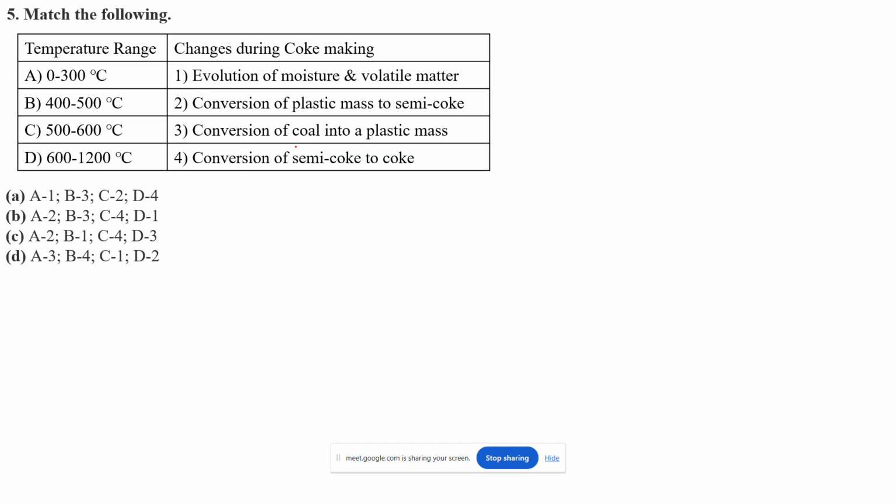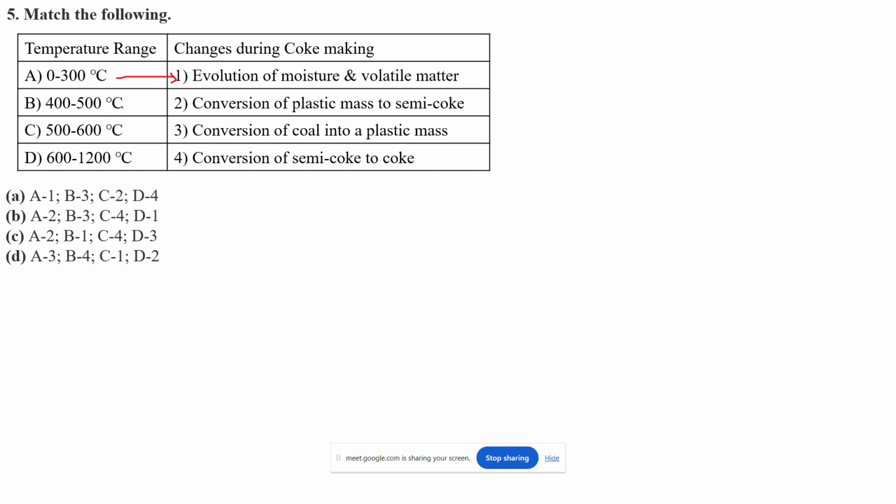Match the following. So there is temperature range and changes during the coke making operation. We talked about the different temperature ranges and the evolutions which are happening during the coke making process inside the coke oven batteries. So from 0 to 300 degrees Celsius, there will be evolution of moisture and volatile matter.